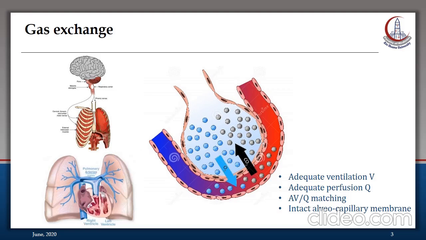Regarding ventilation perfusion matching, you know the lung is formed of adjacent units which are intercommunicating. Each unit has a feeding bronchus for aeration or ventilation, and a feeding pulmonary artery and a draining pulmonary vein.